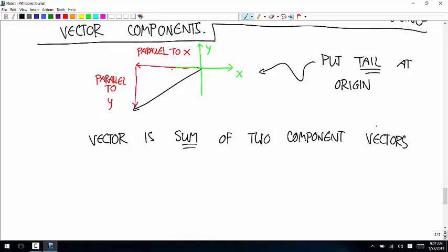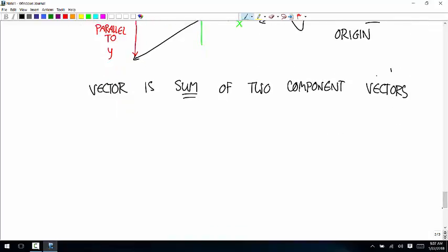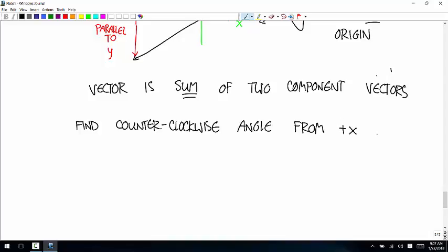There are a couple of ways you can represent these. If you find the counterclockwise angle from the positive x-axis to the vector, remember, this will be wrong if the tail of the vector isn't at the origin.